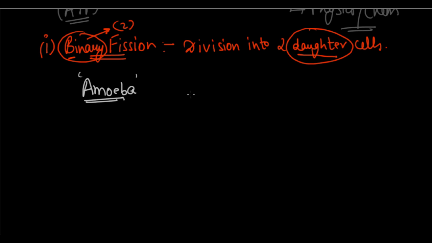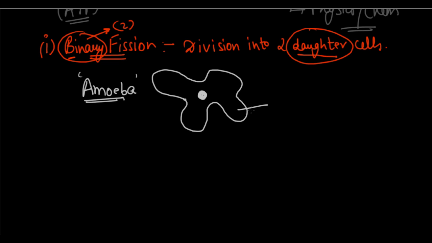Now I'm just going to go as per a very basic format. First of all, we know that amoeba is a unicellular organism which has many finger-like projections of its cell membrane, right? And these projections are called pseudopodia. So this is a very simple amoeba, right? That's what happens in the amoeba.